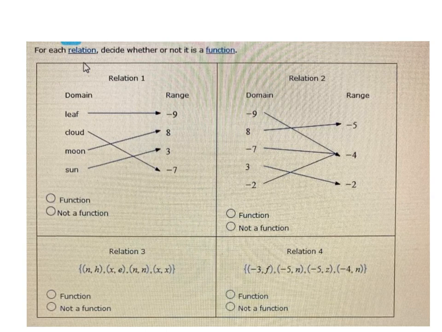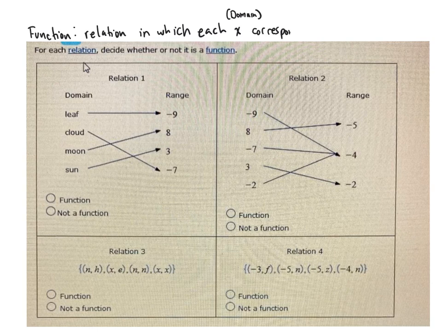All right, so let's look at this example. It talks about the domain of a relation. So a function, if you recall the definition, is going to be some relation, some set of ordered pairs in which each x value, and the x values, remember, are members of the domain, correspond to one y value, and that would be in the range.